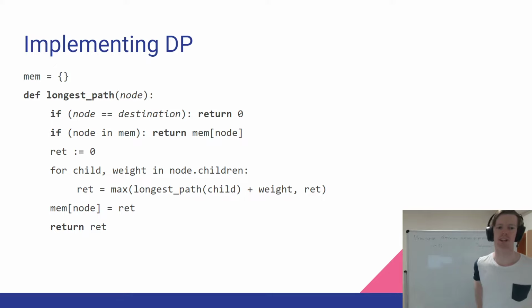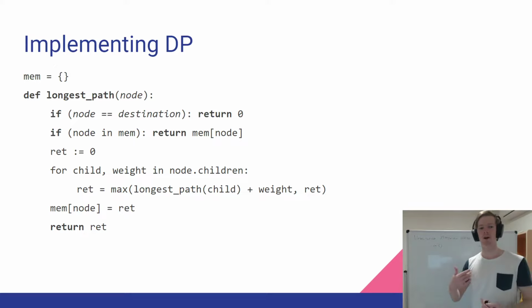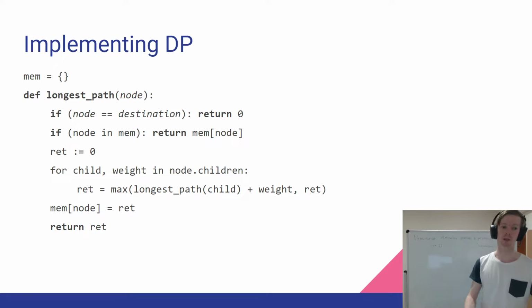So we check if it's the destination, and we return 0, which is the same as our original algorithm. We check whether the node is already computed, whether it's in our memoized table. If it is, then we return the value of that. Otherwise, we do the normal compute, and we store that result in mem.